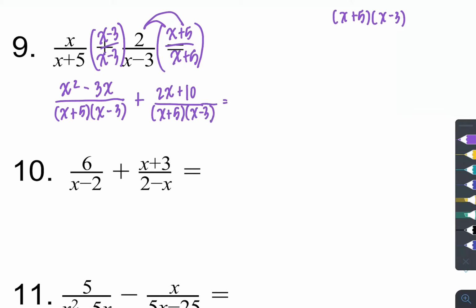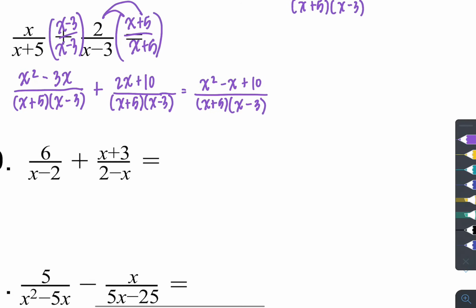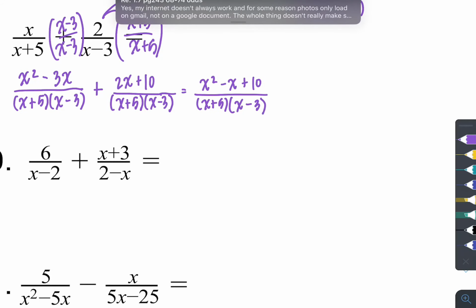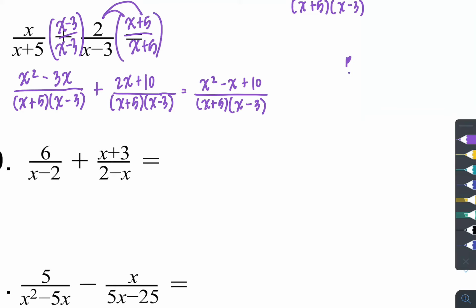We have the same denominator, so I can add straight across. So we get x squared minus x plus 10 over x plus 5 times x minus 3. See if the top is factorable. x squared minus x plus 10, so I need 2 numbers that multiply to be 10 but add to be -1.